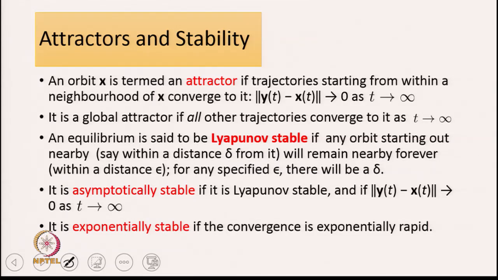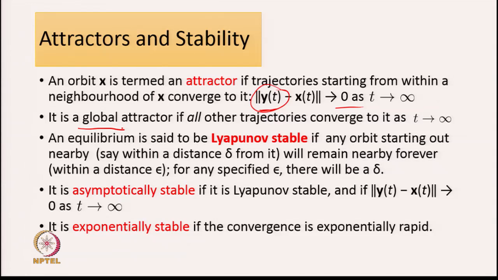So, if y is in the neighborhood of x, as time goes to infinity, y(t) minus x(t) will go to 0, and that tells you that x is an attractor, and this is true for all y lying inside some neighborhood. If all the trajectories converge to this attractor regardless of where you start from, then the attractor is global, otherwise it is a local attractor.